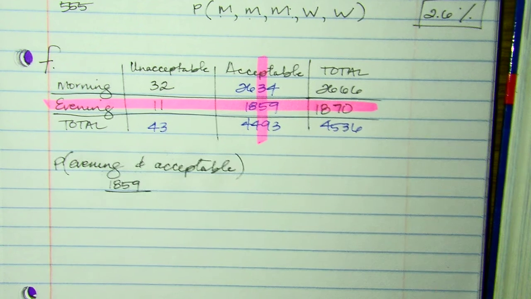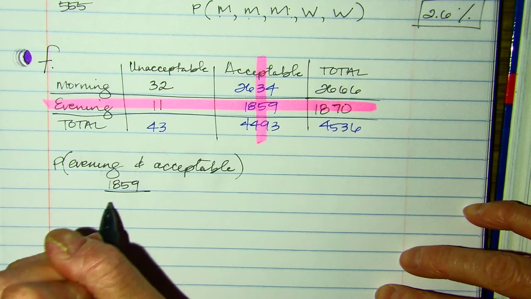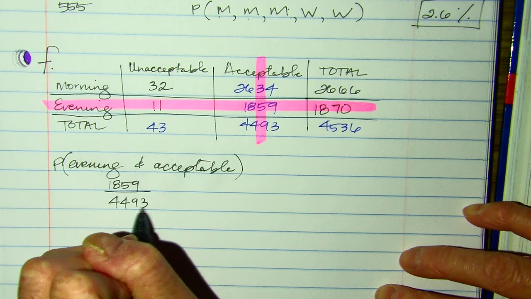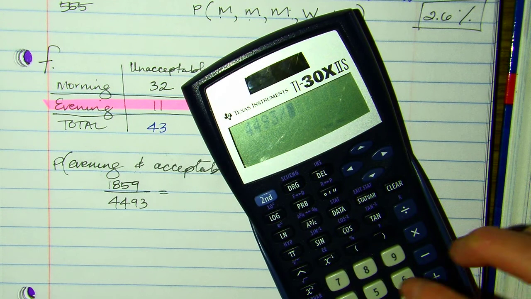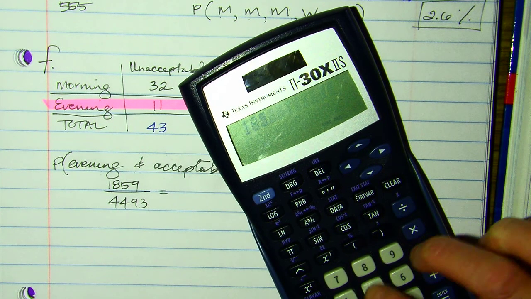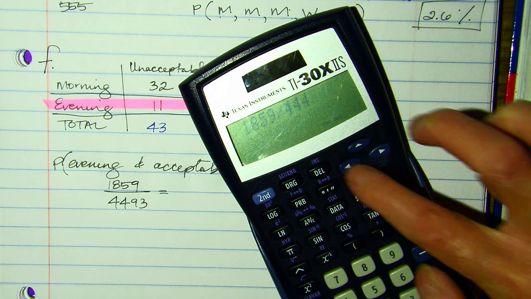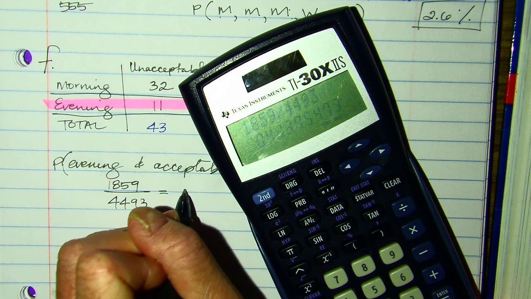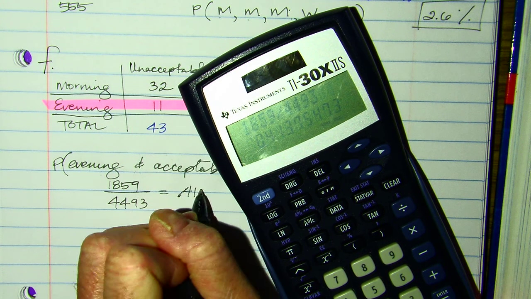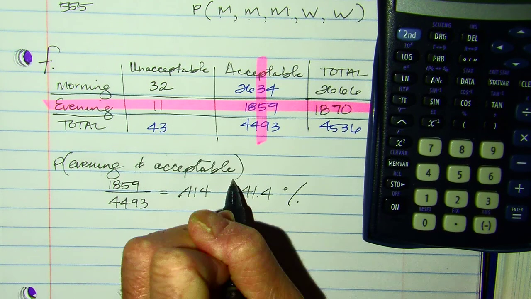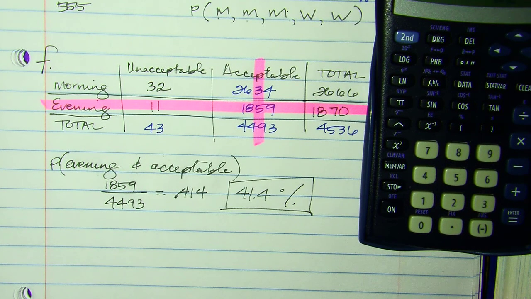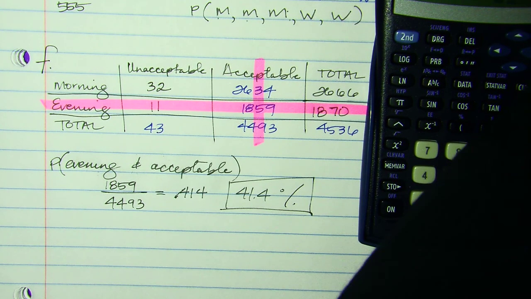So the bottom number should be the total acceptable, so 4,493. So I'm going to divide that out. 1,859 divided by 4,493, and I got 0.414, so 41.4%. And that completes that section of notes.